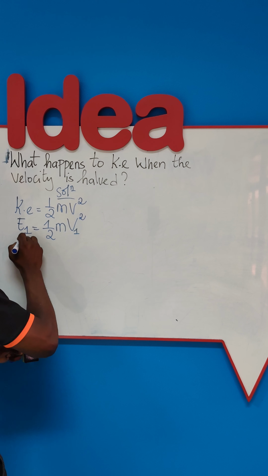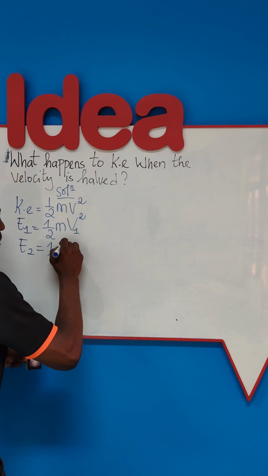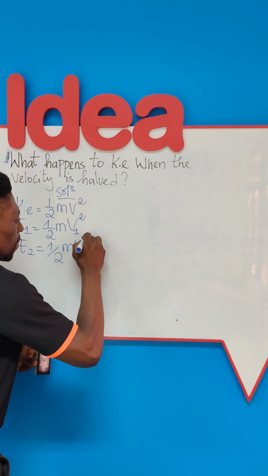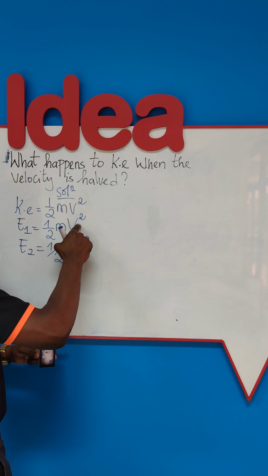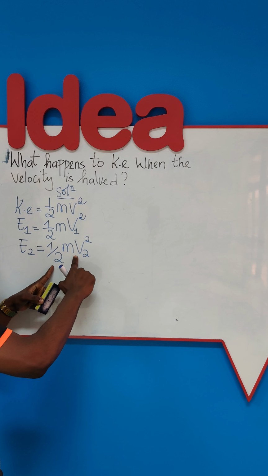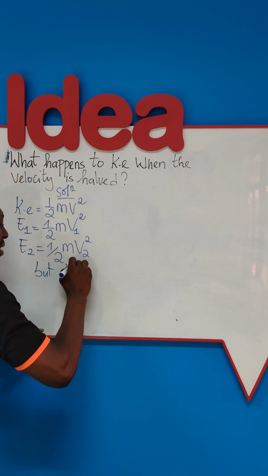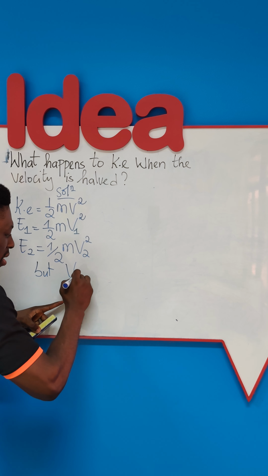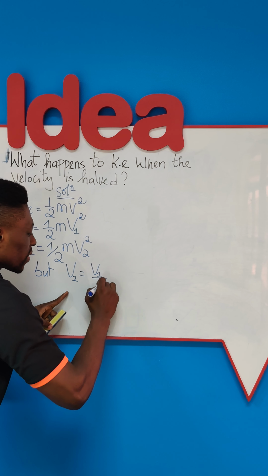So, let's find a certain E2 for which the velocity is the initial velocity divided by 2. In this second expression, dear friends, to make things simpler, I'm going to say that this V2 we're talking about here is actually V1, which has been halved.